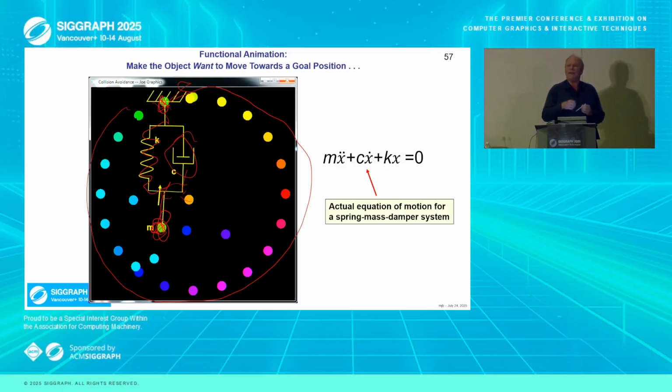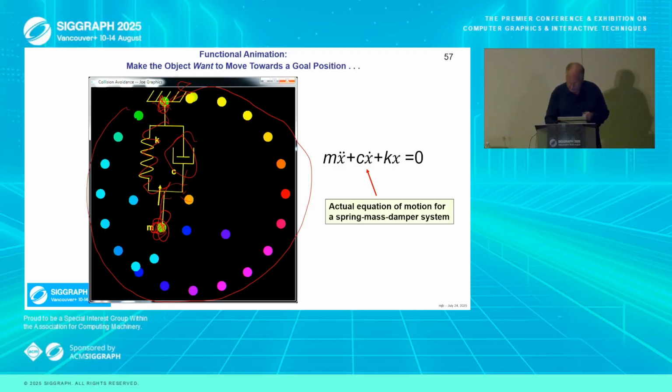If you don't do that, then it goes towards its target and then flies past it and then flies back and does exactly what something on an undamped spring would do. We don't want that. So if I put in a spring and a damper between every starting position and every ending position and turn on physics, it'll want to go there. But that solves the first part, not the second. The second part is: don't hit each other.